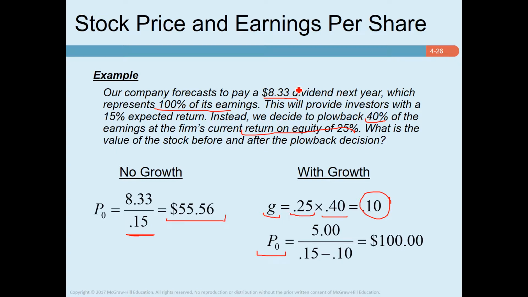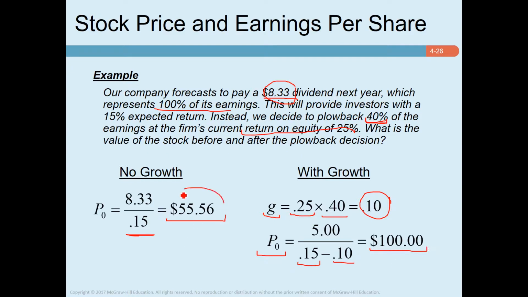You can remember 8.33 was the dividend expected next year when 100% of the earnings are distributed as dividend. But when 40% is plowed back, only 60% is paid out. So if you multiply this 8.33 by 60%, because only 60% will be paid out as dividend now, and divide by the required rate of return minus the growth rate, the value is $100.